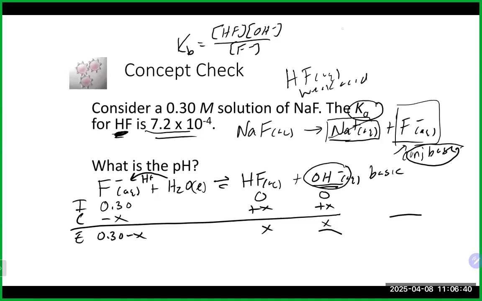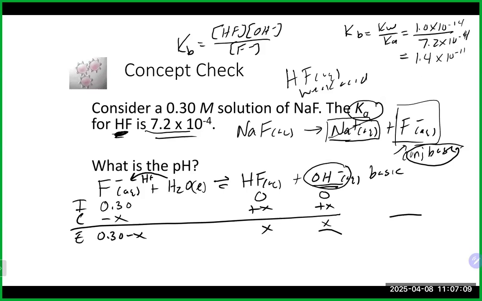That means we do need to convert into the Kb, which would be our Kw divided by the Ka value. So that's 1 times 10 to the minus 14 divided by 7.2 times 10 to the minus 4. That is going to get us 1.4, it looks like, times 10 to the minus 11.